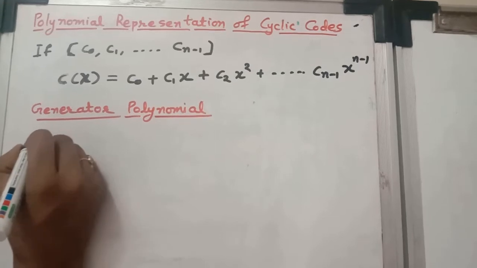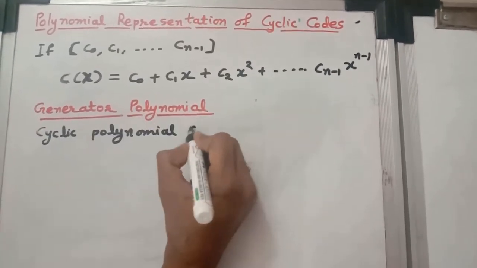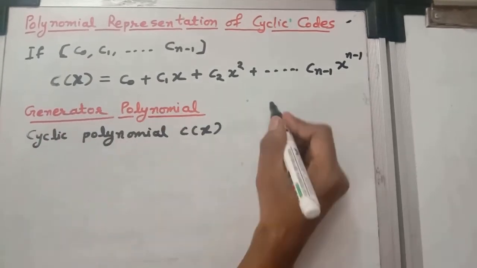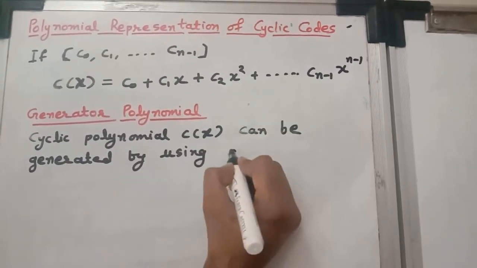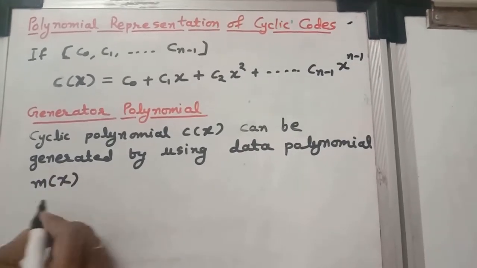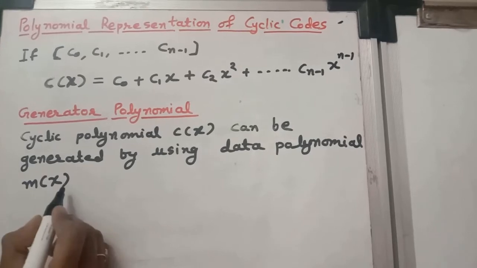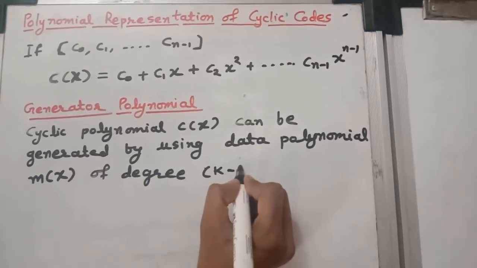This C of x can be generated by using the data polynomial, which is represented by m of x. M of x is a message polynomial of degree k minus 1.